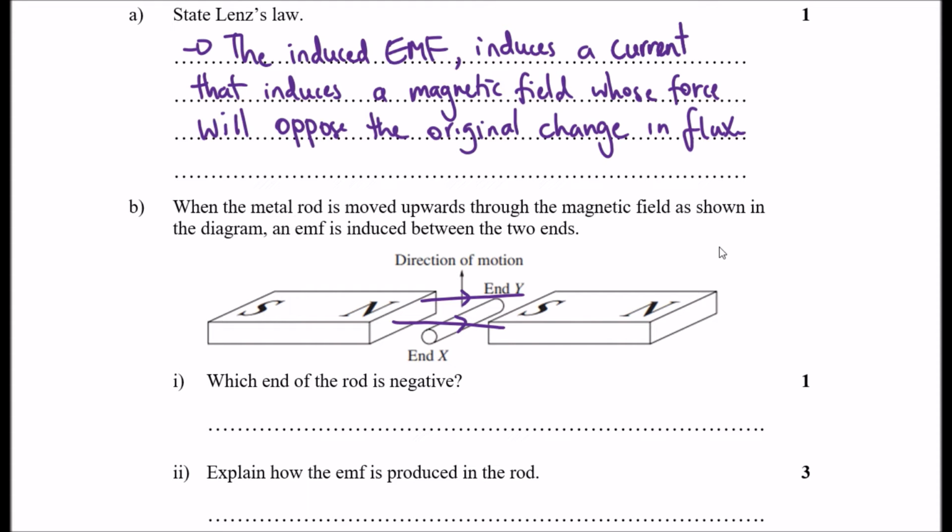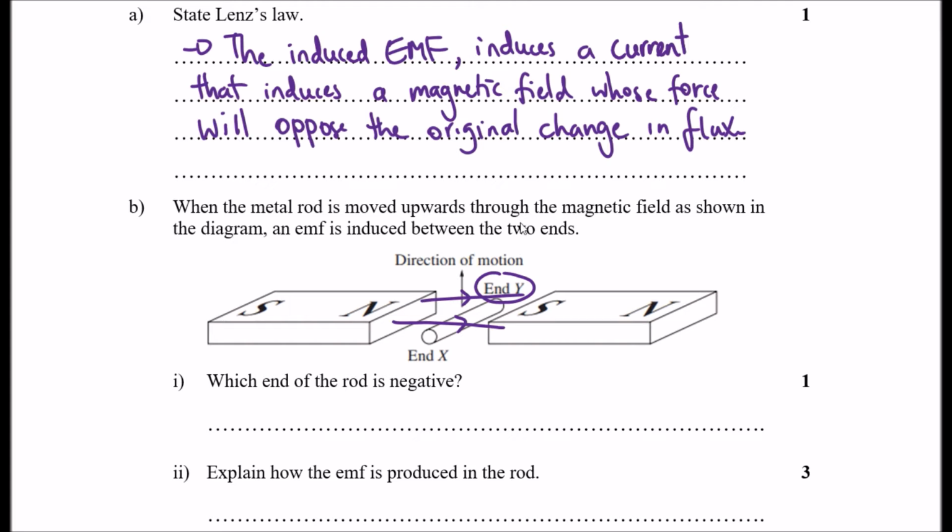Now, what's actually happening is, according to Lenz's law, we want to oppose this force pushing up. So we actually need to flip our hand around where our fingers are still pointing in the same direction. Our palm is pointing down, our right palm that is, and our right thumb is actually pointing towards this end Y here.